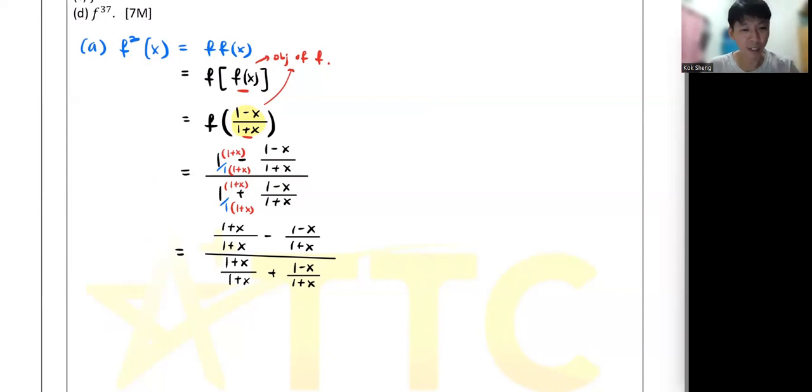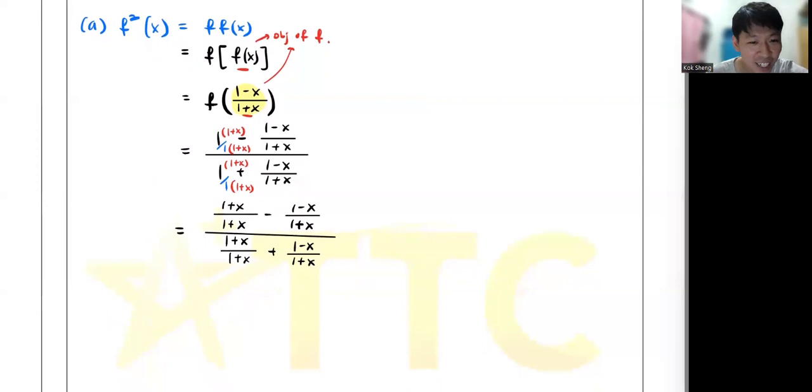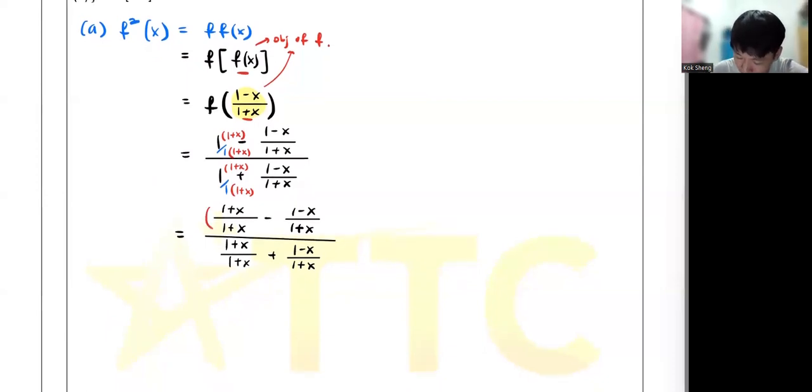Okay, write carefully, a lot of fractions here. Okay, continue. Now I can simplify. You can see the top already has the same denominator. So the 1 plus x and 1 minus x, they can both minus already.